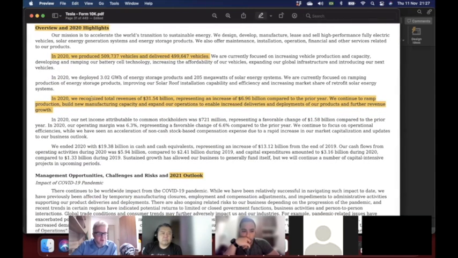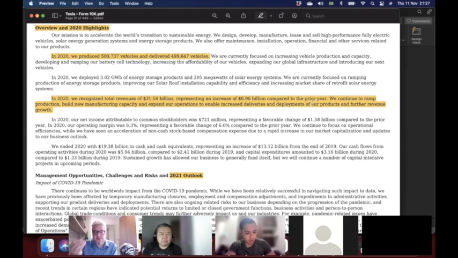In 2020, we recognized total revenues of $31.5 billion, representing an increase of 6.9 billion compared to the prior year. Então, o que a gente acabou de ver, faturamento de 31 bi, representando um aumento de quase 7 bilhões comparado com o ano anterior.